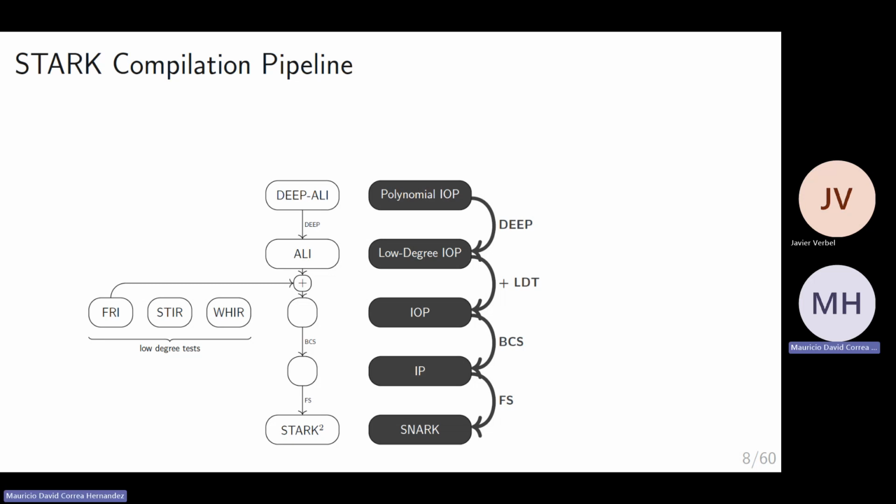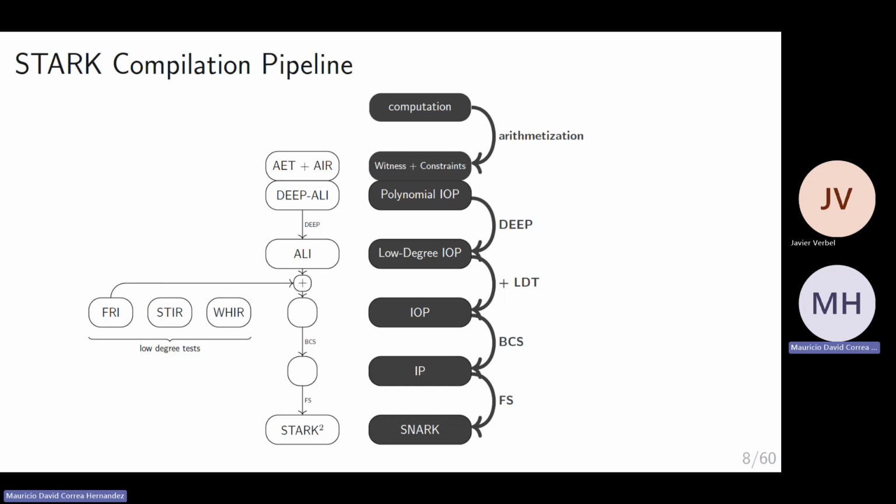Now, this compilation pipeline doesn't quite link up to the computation that we were going to prove the correctness of. And so there's something missing. And what's missing is the transformation that sends the computation itself into something that can be proven. And this something that can be proven is not quite the same as the polynomial IOP. Polynomial IOP is a protocol for doing the proof and the verification. It's not the result of this transformation.